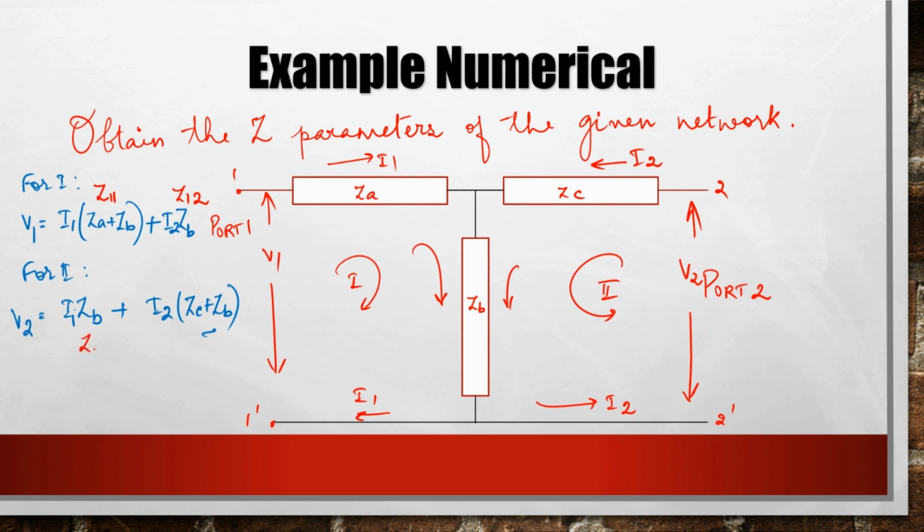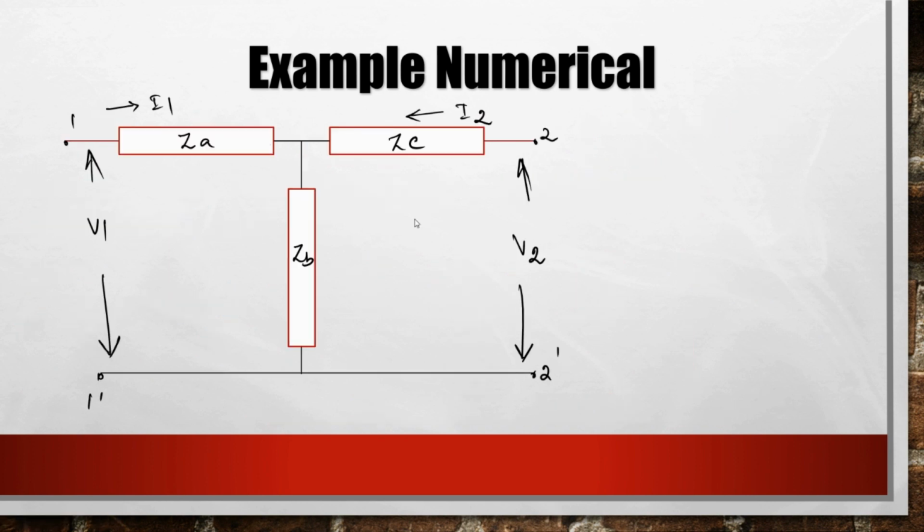So ZB here is Z21, ZC plus ZB is Z22. So therefore, you can summarize the Z parameters in this manner. Z11 is ZA plus ZB, Z12 is ZB, Z21 is also ZB, and Z22 is ZB plus ZC.